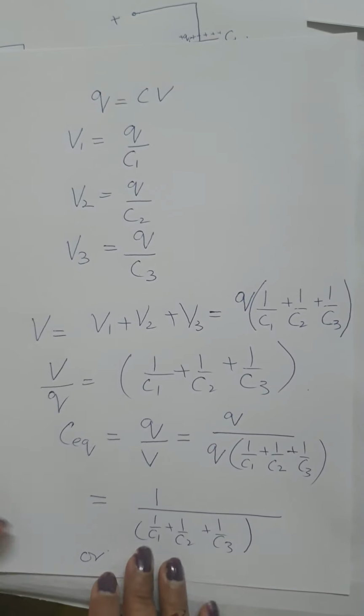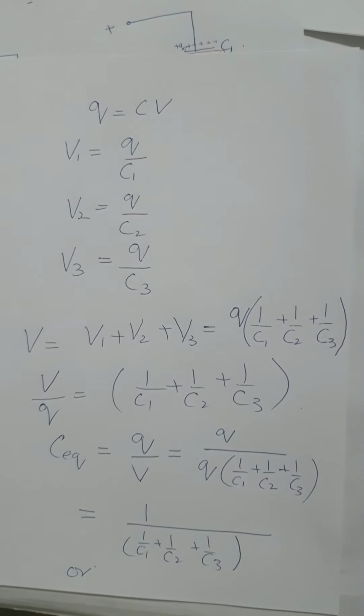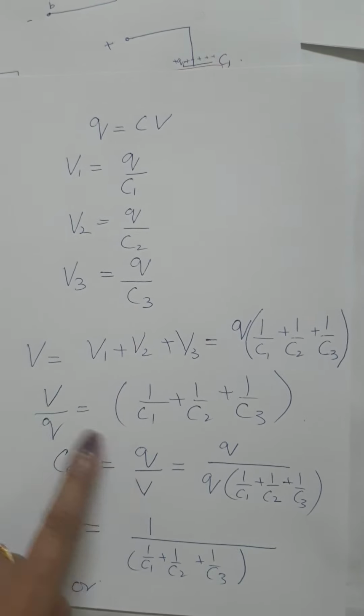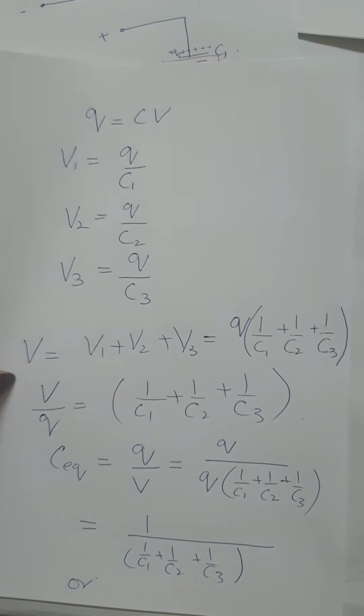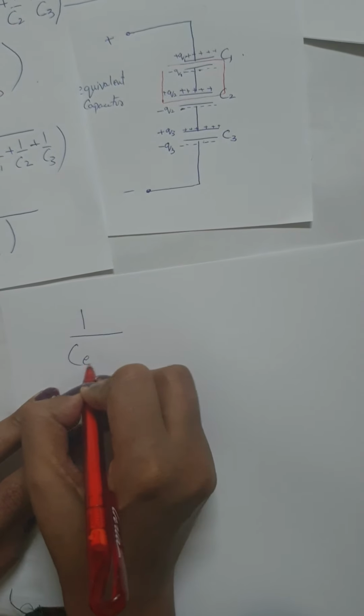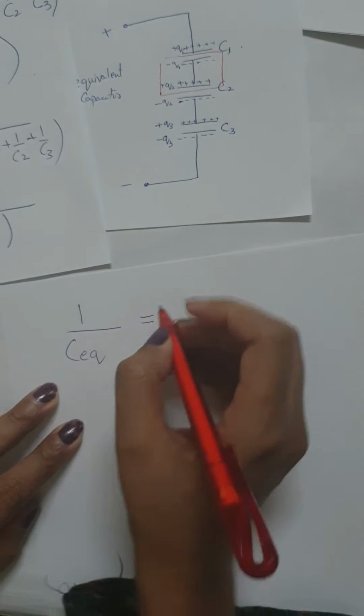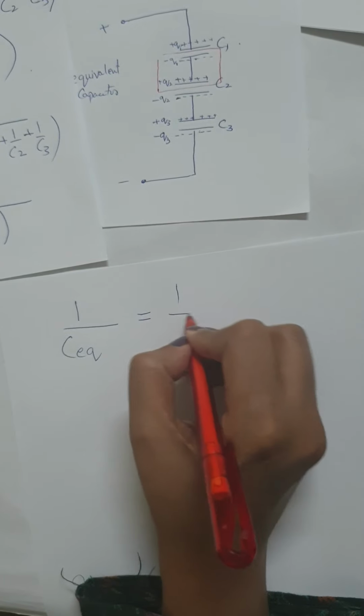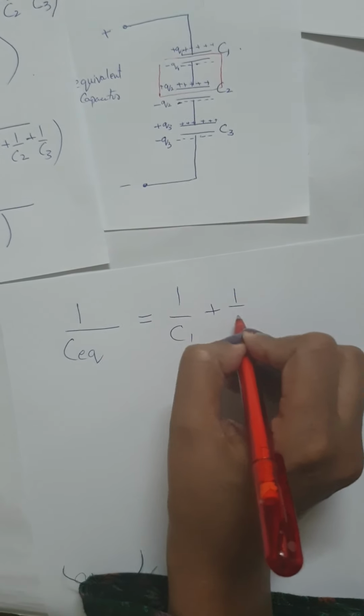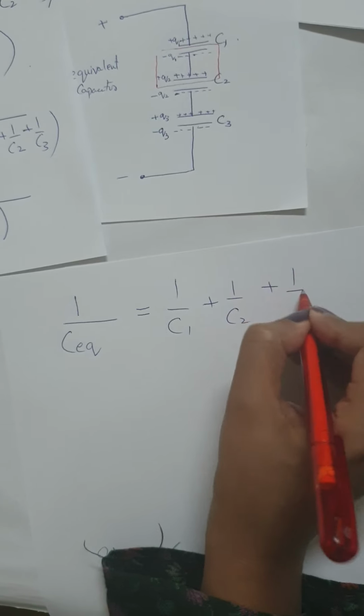Or we can write it as V over Q, so we can reverse it. We can also write it in this form: 1 over C equivalent is 1 over C1 plus 1 over C2 plus 1 over C3.